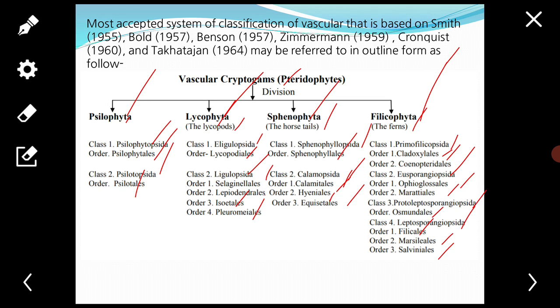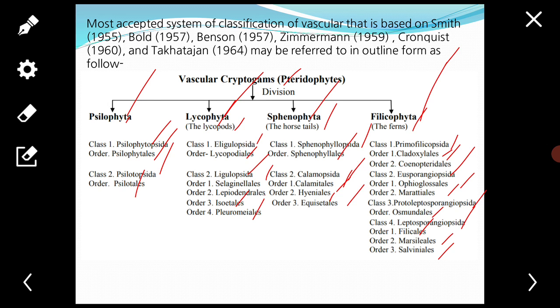In some cases, leaves are ligulate. Ligules are present, example Selaginella and Isoetes. The ligule is present at the base of each leaf and in the young condition it protects the leaves.